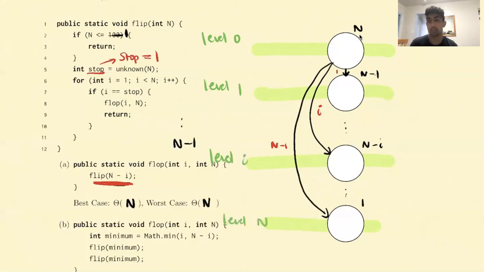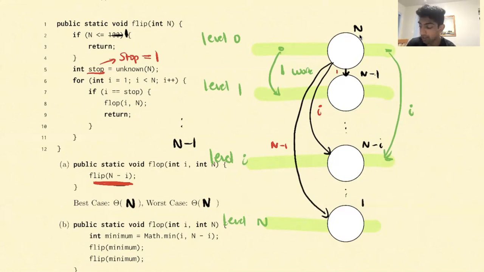Okay, but if we're looking at each level, in order for us to go from one level to the next level, my claim is we will always do 1 work, okay? And you can look at this drawing and it'll prove why this is the case. Whenever we go from one level down to the next level, it'll always be 1 work, right? When we're going from level 0 to level I, we're doing I work, right? So moving down 1 level always takes us 1 work, no matter what recursive call we do.